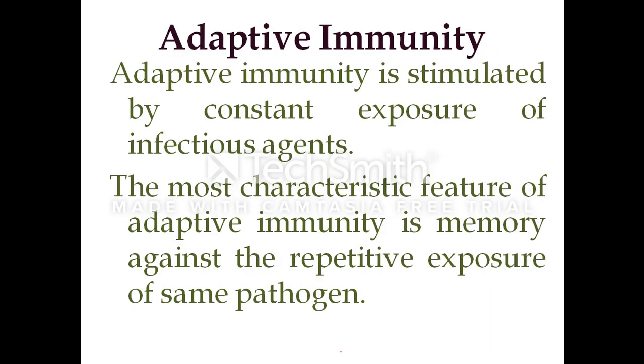Coming to adaptive immunity, it is stimulated by constant exposure to infectious agents or pathogenic microorganisms. The most characteristic feature of adaptive immunity is memory against the repetitive exposure to the same pathogen.